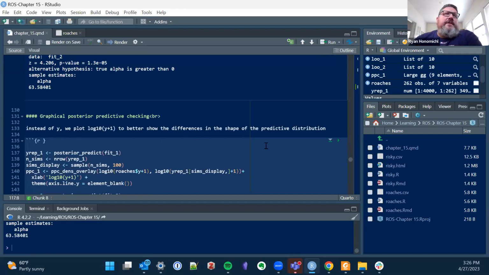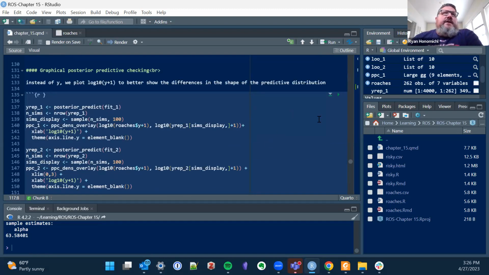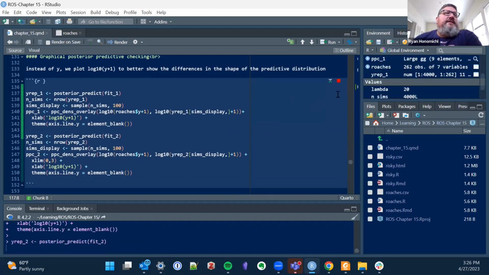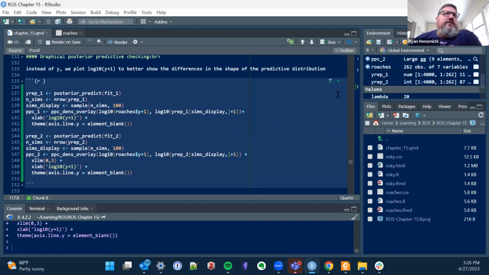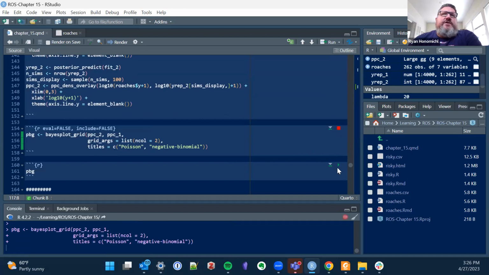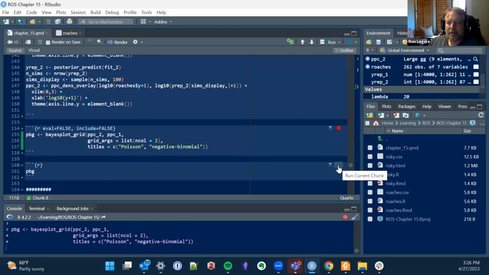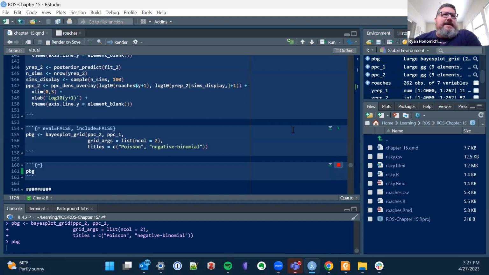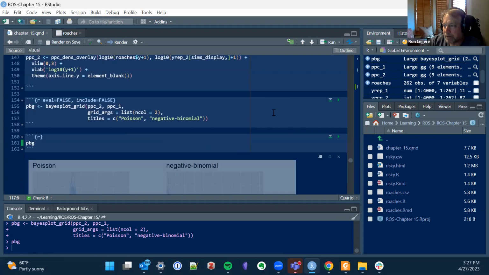And then I wanted to show the posteriors. I already showed one of them up above, but I'll show this.